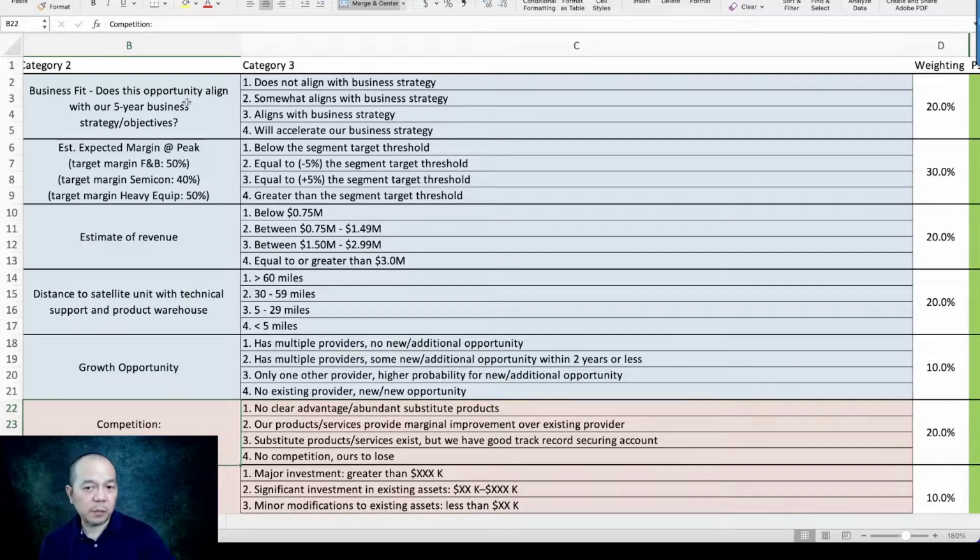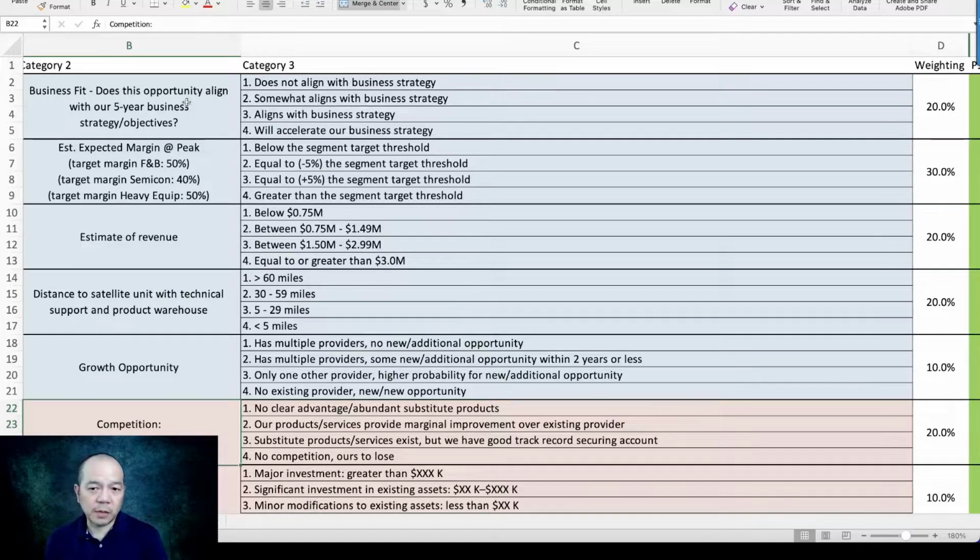I present to them what these weightings look like, and they will come back and say, well, we believe this ought to be 10 instead of 20. We ought to make this a 40 or a 30. It is quite rare to have something weighted 40% of all of them, but it's not impossible, right? So have those conversations with your leadership team and with your sales and business development team, and see what that all looks like.